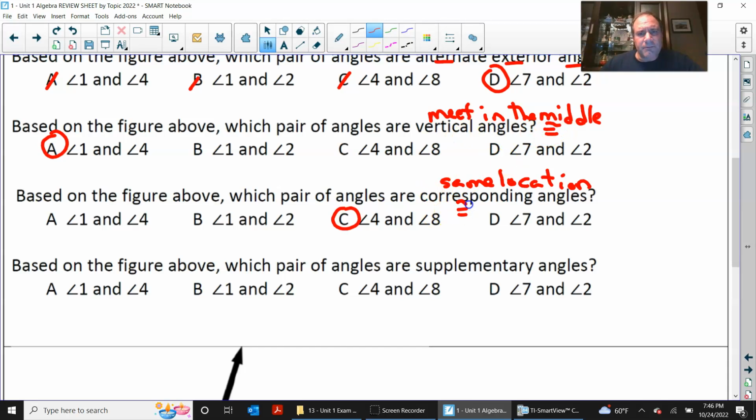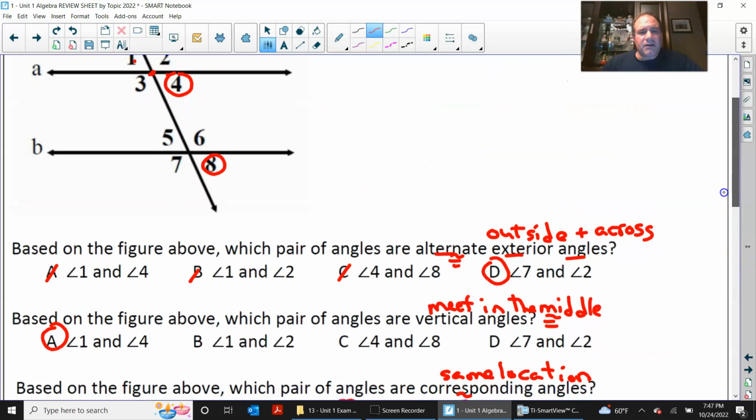Corresponding angles are congruent. Alternate interior angles are congruent. Supplementary angles are not congruent: one is obtuse and one is acute.